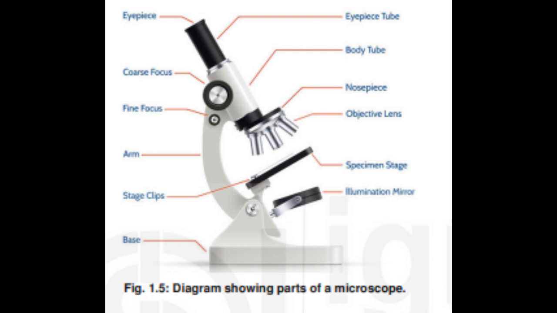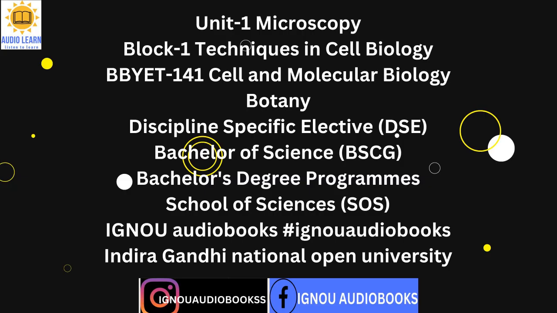Such microscopes are generally equipped with an Abbe condenser, diaphragm or iris. The diaphragm or iris regulates the amount of light entering the condenser, i.e., helps in adjusting the intensity of light. It is located under the stage or between the light source and condenser.